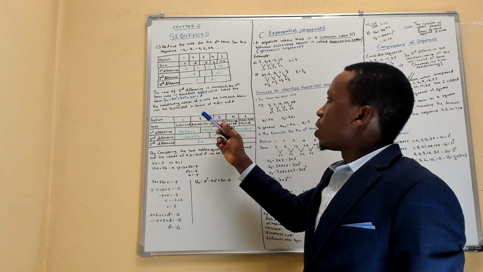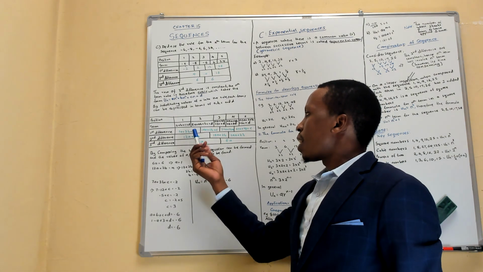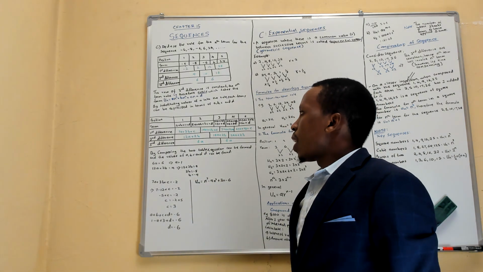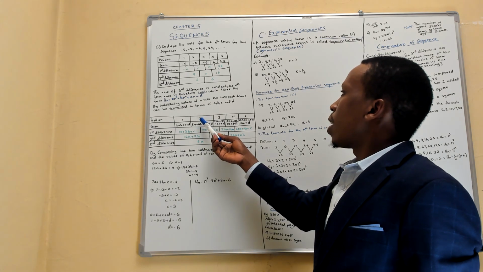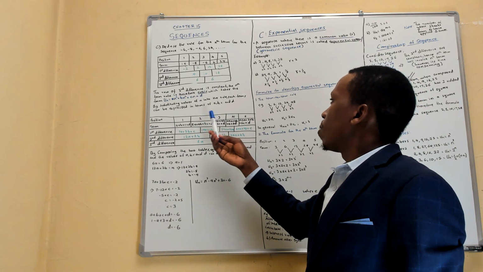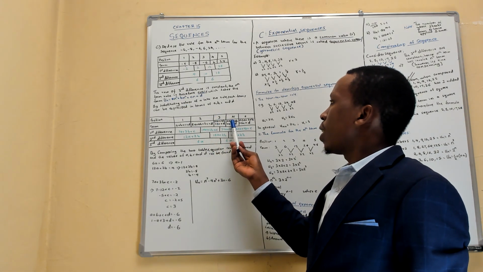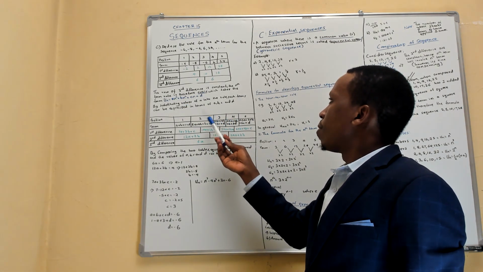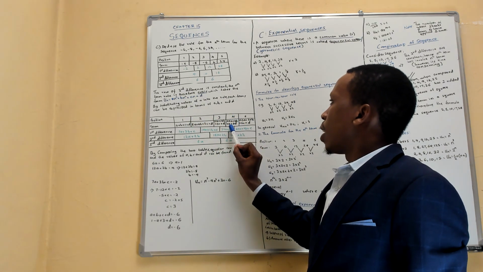Then d does not have n, so it remains a constant. If you continue and substitute 4, you'll have 4 cubed, which gives 64a, then 4 squared b, that is 16b, and then 4c.